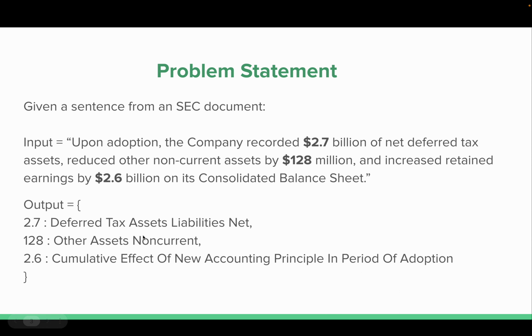The 2.7 is tagged with some tag called deferred tax asset liabilities net, 128 is tagged with other assets non-current, and 2.6 with another XBRL tag. So given a sentence, we need to tag the numerical with the proper XBRL tag. This is the problem.